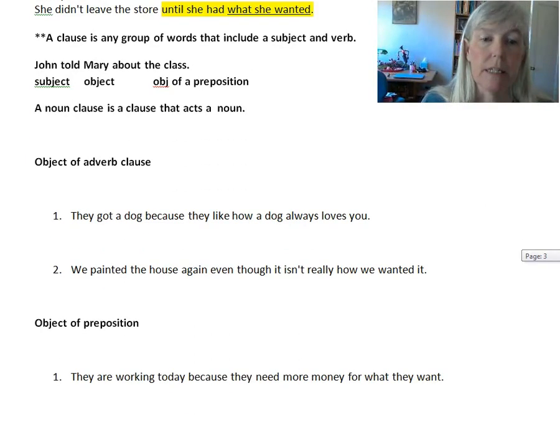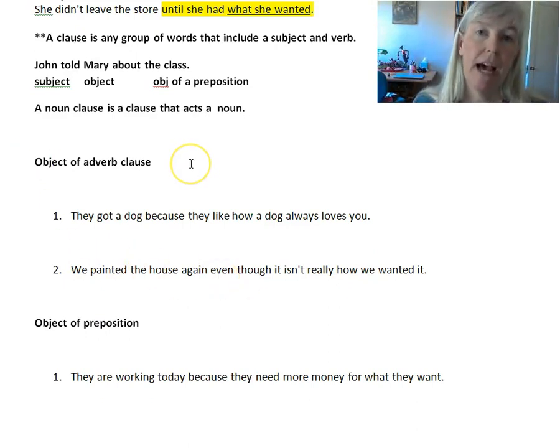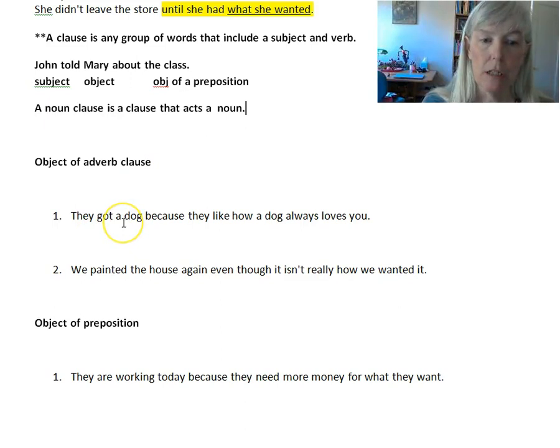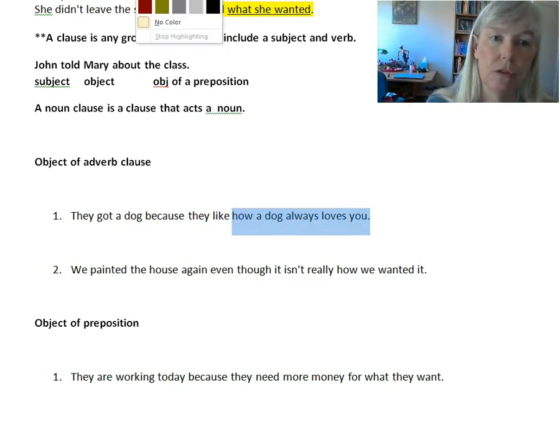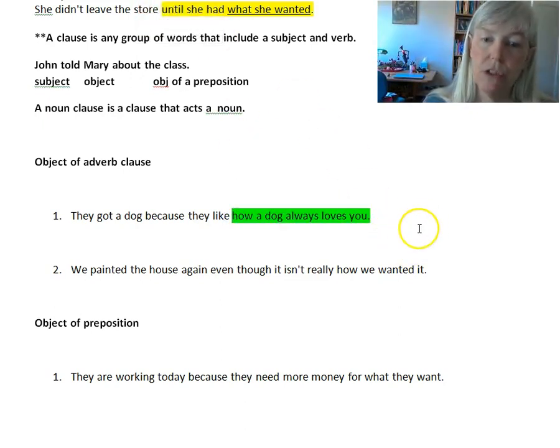Now, let's get into some examples. The object of an adverb clause. They got a dog, main clause. Because, adverb clause, because they like what? How a dog loves you. How a dog loves you is the noun clause object of like.